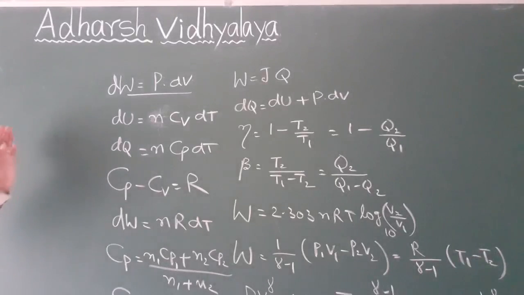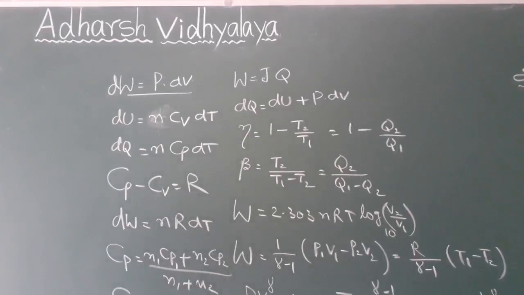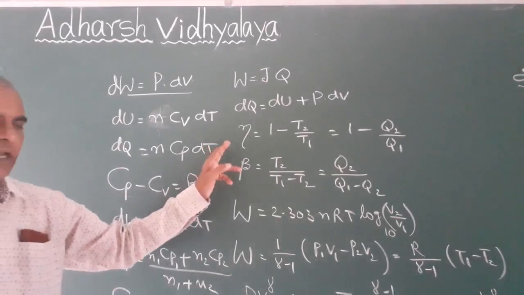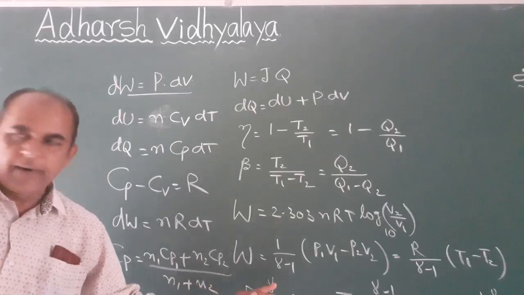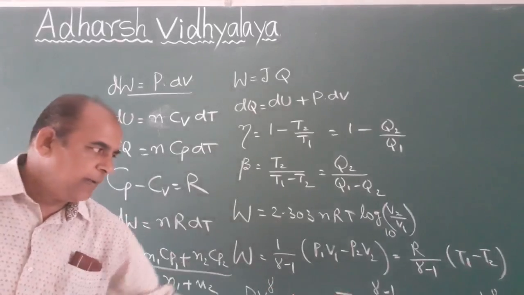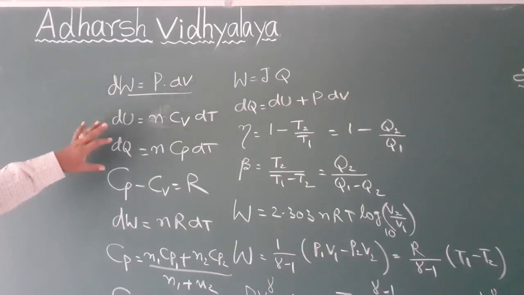These are the formulas we got in thermodynamics: Joule's law, first law of thermodynamics, heat engine, refrigerator, isothermal process, adiabatic process, adiabatic relations between pressure, volume, temperature, and specific heats of gases, Cp-Cv relations.